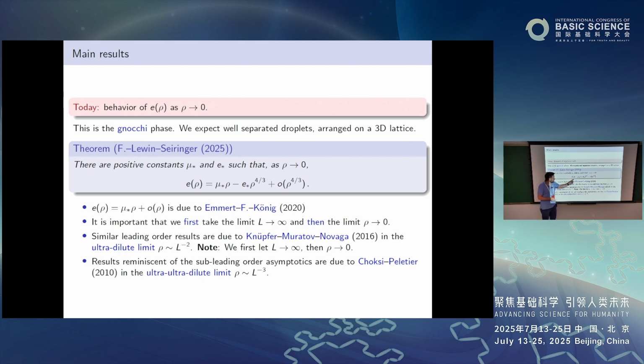And in this physical regime, the first term was done in joint work with Lukas Emmert and Tobias Koenig some years ago. But yes, please. Okay, that's exactly so. Let me defer the answer to that question because that's, of course, the crucial point. I will tell you about this when I tell you what the coefficients are.